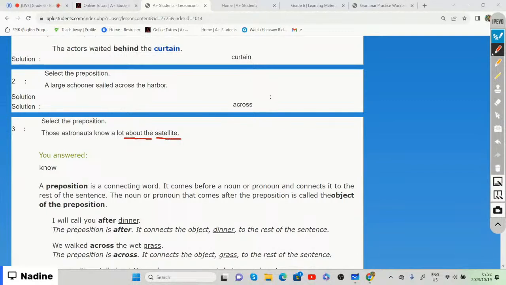About basically just shows other, preposition of other. And our noun, which comes after our preposition, is satellite. So those astronauts know a lot about the satellite.